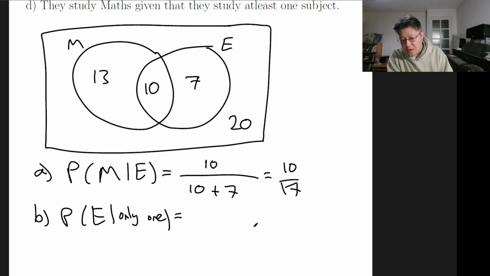And just like the other one, we begin with the given them bit first. So only one subject, that's the 13 and the 7, because this is maths only and this is English only. And out of these two, which one is in English? And that's only the 7. So that goes there, and now we simplify. That's 7 over 20.